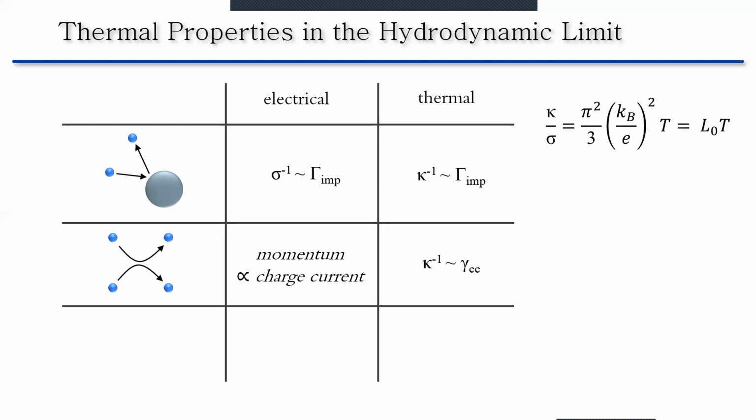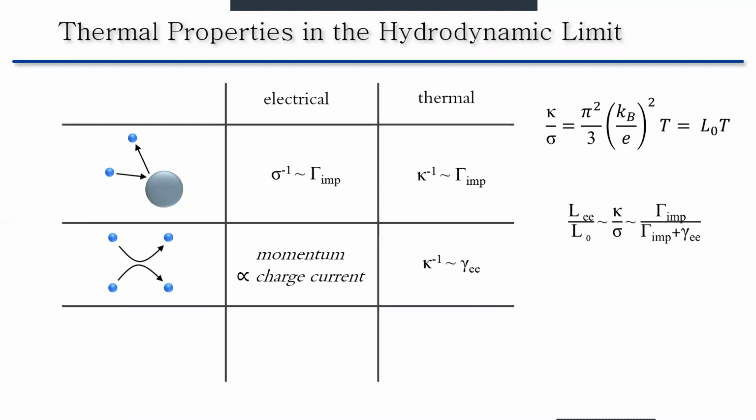Does it change it away from the value that you get in a normal metal? So we can construct our Lorentz ratio, which is the Lorentz number for our electron-electron interacting system, to our normal metal value, and we get this ratio that depends on the ratio of the electron-electron scattering to the impurity scattering, little gamma over big gamma.